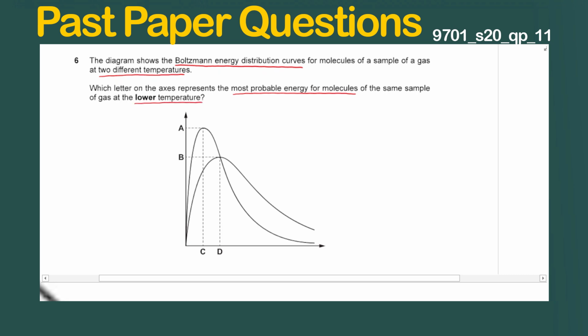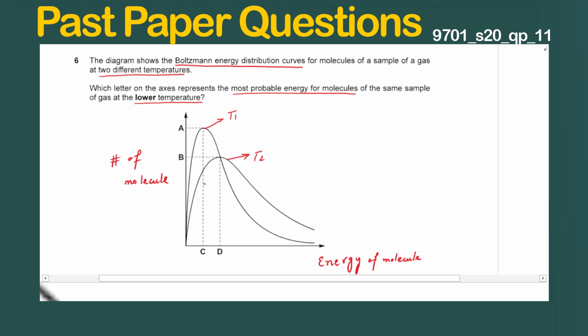As you remember, on the y-axis we have number of molecules, and on the x-axis we have energy of the molecules. Examiner is asking about the same energy. This is the probable energy of the molecules, and you are observing these two curves representing two different temperatures, T2 and T1.